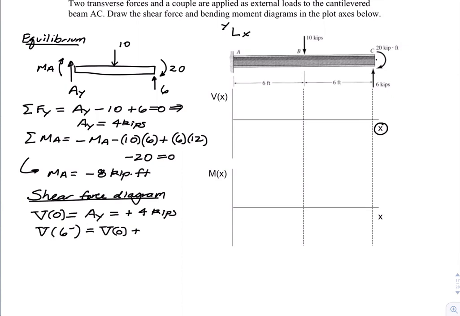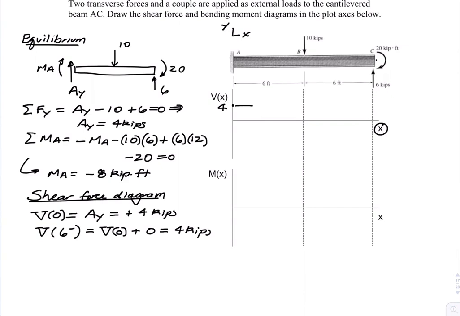Well, between A and B, there is no line load that's applied, so it's going to remain the same all the way across. So that's going to be 4 kips. So as I do this, I'm going to put a 4 here, and all the way across here, I know that it's a constant, all the way just to the left of where that point load is applied.